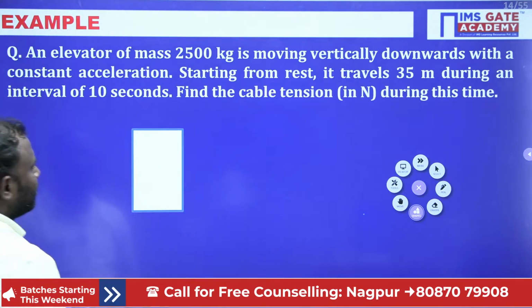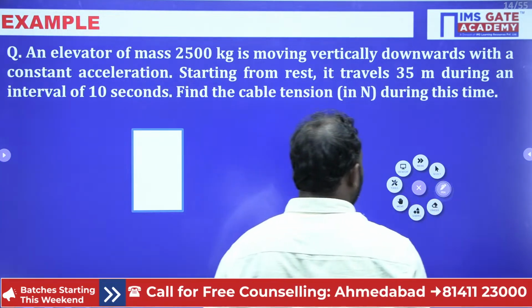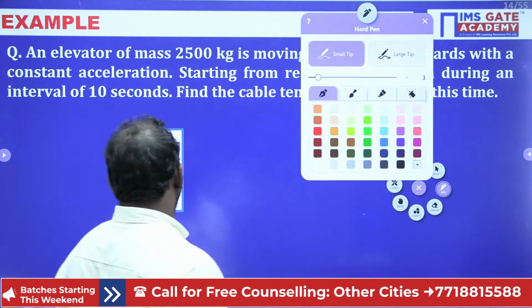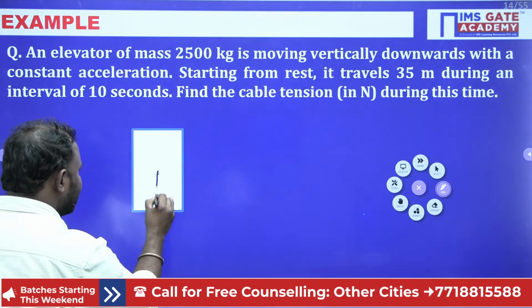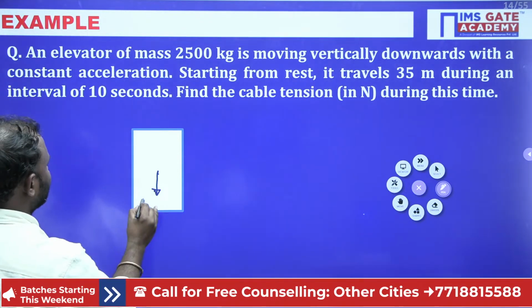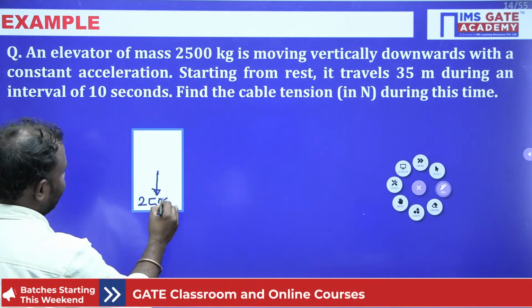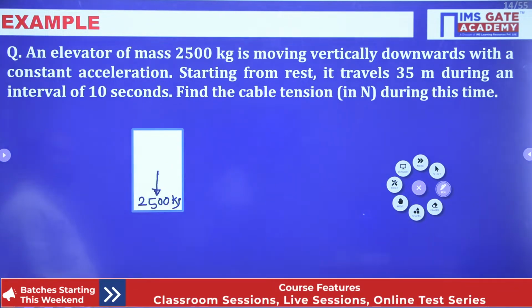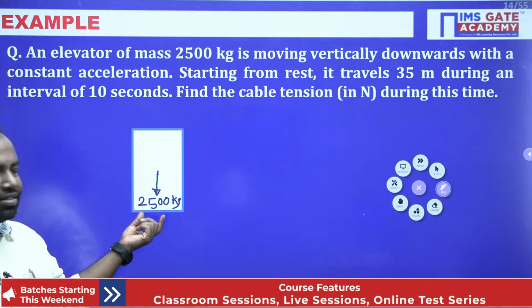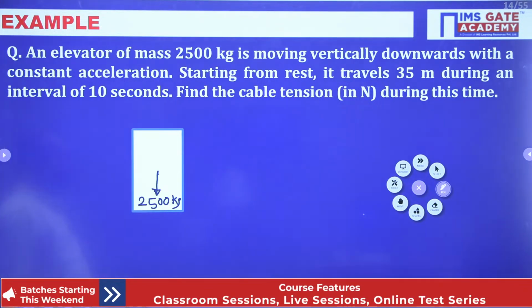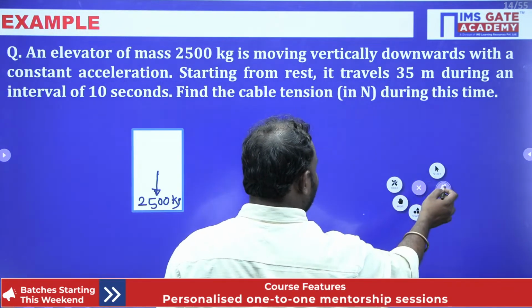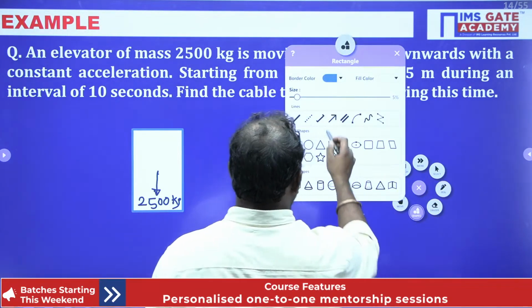Now here the weight is acting downward and it is 2500 kg. If you want newtons, multiply with 10, and you will get the newtons. Now obviously we know, so guys, what is the direction of motion here?